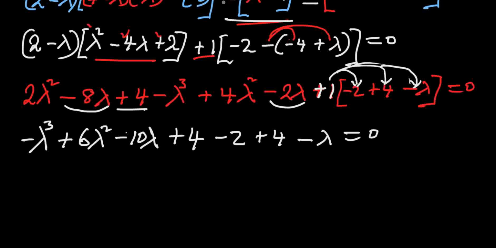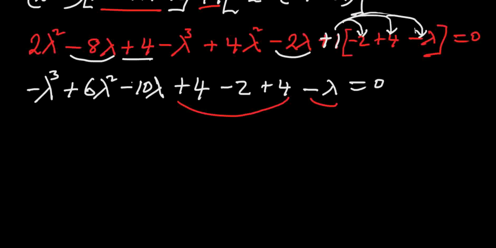All right, so now we have positive 4 here. This is positive 4 minus 2 will give us 2, and 2 plus 4 will give us 6. So this automatically will give us positive 6. And also we have negative lambda here, which is like negative 1.